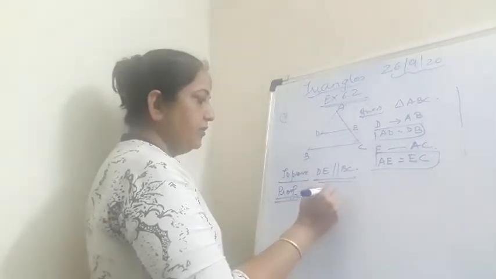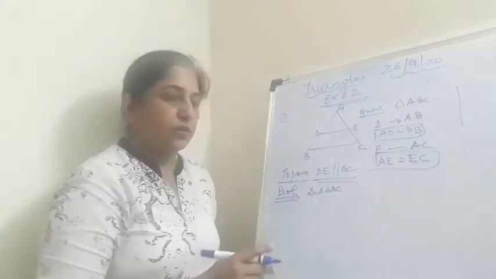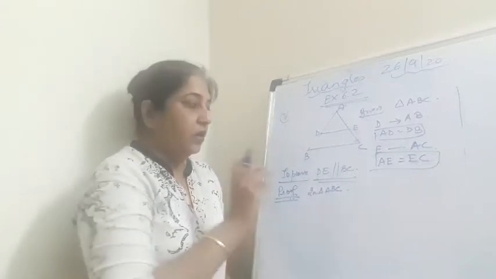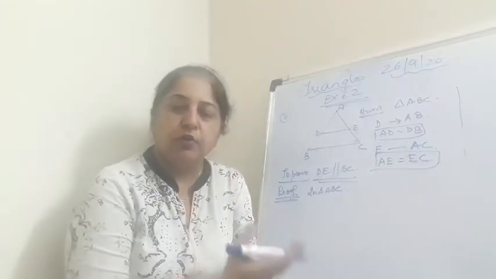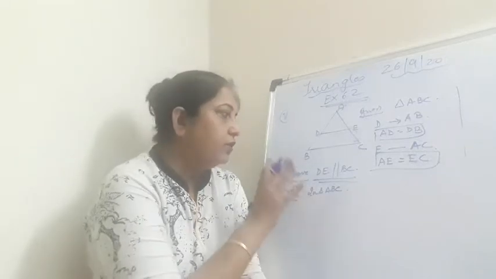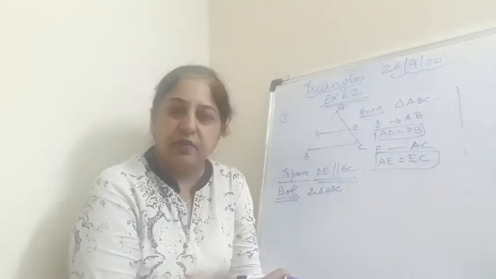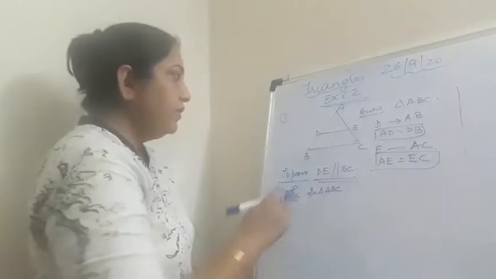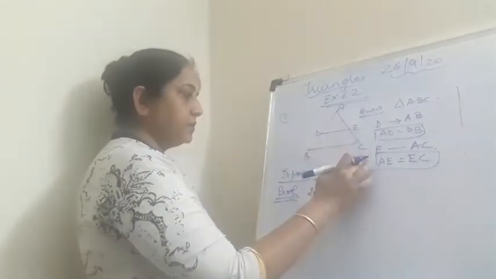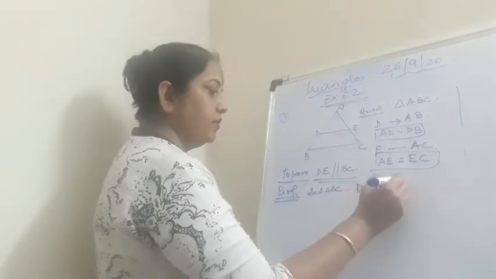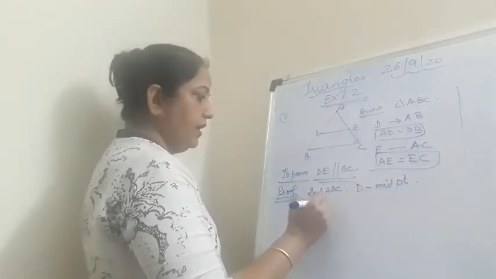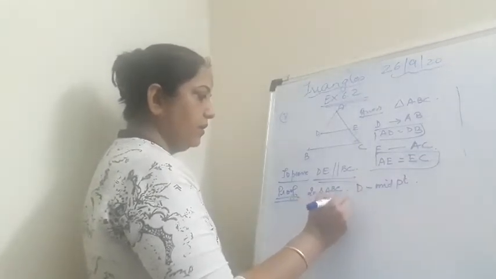When you write the proof, children, see that you write each and every point along with the reason, because you are going for the board examination and you have to write each and every step extremely carefully. So in triangle ABC, since D is a midpoint, AD is equal to DB.